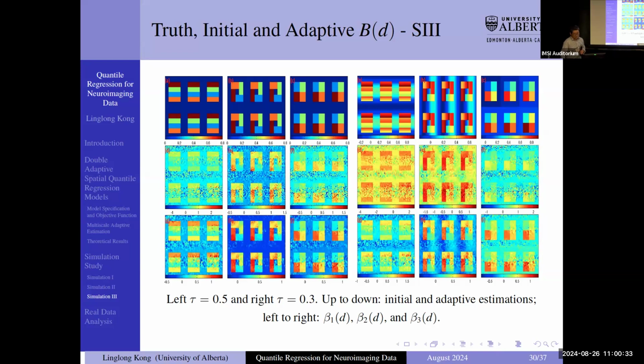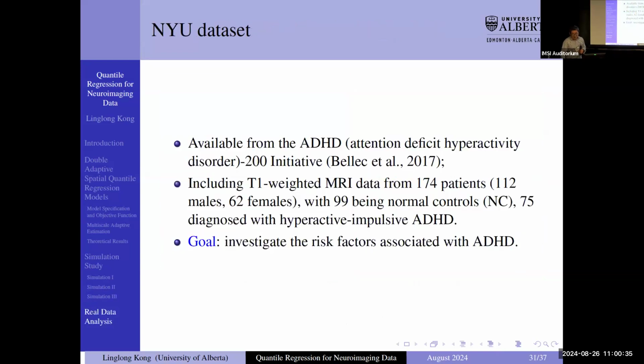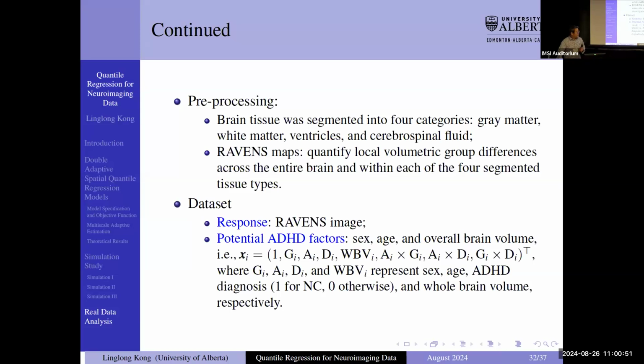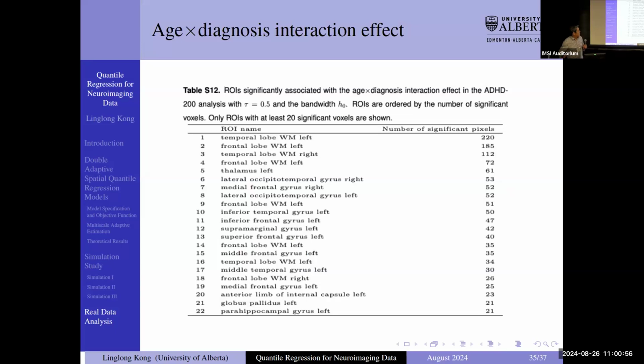And then we actually applied this to ADHD data in particular, because we know this ADHD data has a very weak signal. We are trying to see if our method is able to identify some regions of interest. Indeed, we do. I will just show you this very last result.